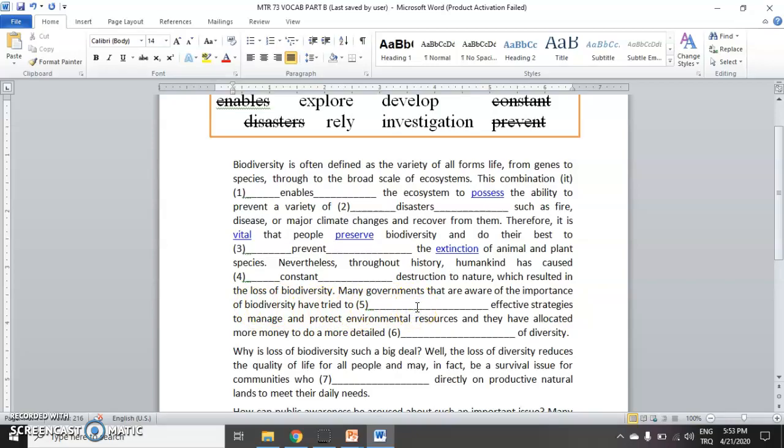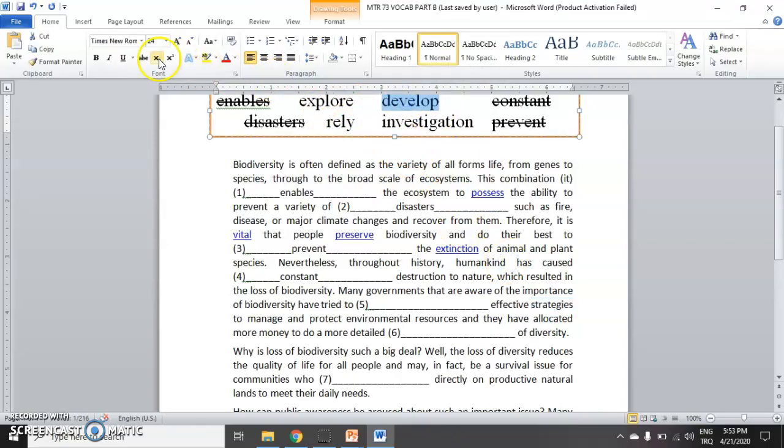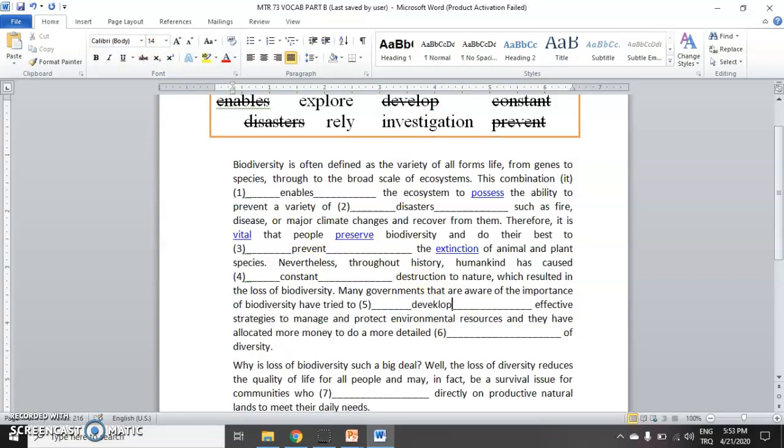Again, we need a verb here. The word strategies gives us a clue because we cannot explore or rely strategies. We can develop strategies. So the answer is develop. Okay, and here we have more detailed something of. So we need something that should be detailed. Investigation is our noun here, so the answer is investigation.